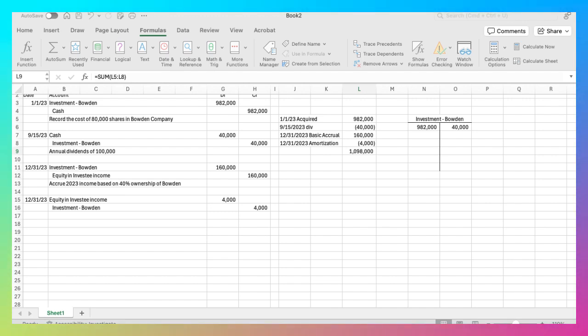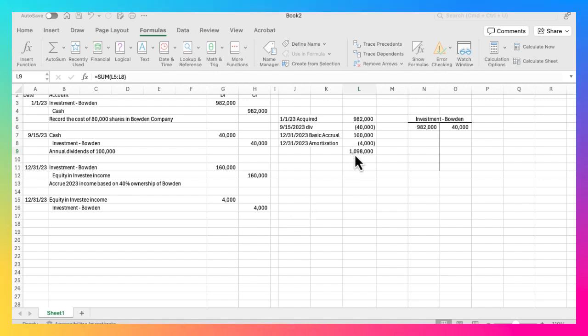They tell us, the second paragraph of the problem says that Bowden declares and pays a $100,000 cash dividend to its stockholders each year on September 15th. Okay, cool. Bowden reported net income of $400,000 in 2023 and $380,000 in 2024. Each income figure was earned evenly through its respective years, okay?